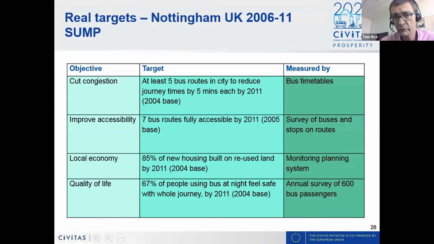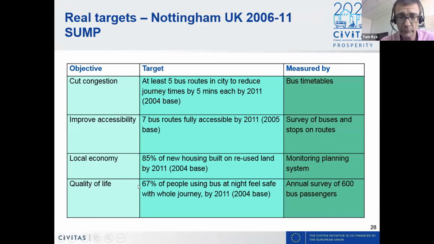So the idea is that if congestion reduction is achieved, the bus company should be able to reschedule its bus routes to achieve a journey time reduction of 5 minutes. So very basic. Quality of life. Again, they chose a target that's related to public transport use.